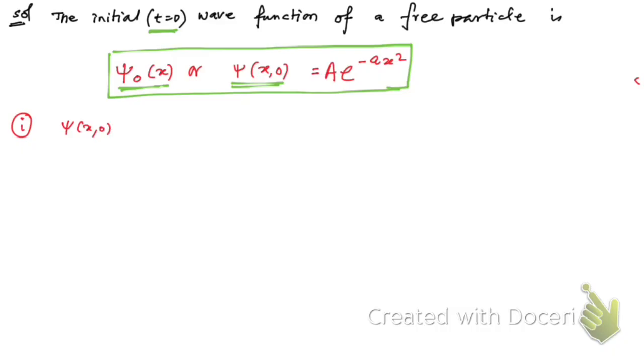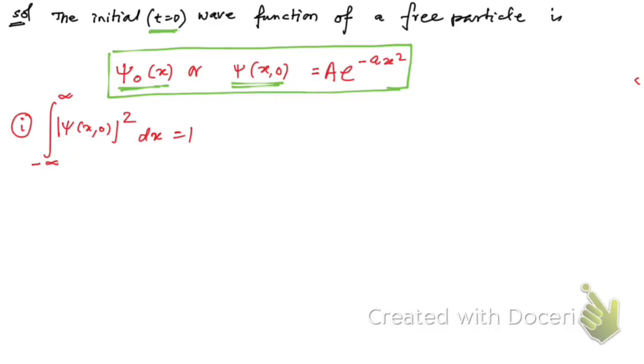So how to normalize this? So according to the normalization condition, integral from minus infinity to plus infinity, square of mod of psi x dx is equal to 1. This is the normalization condition, right?